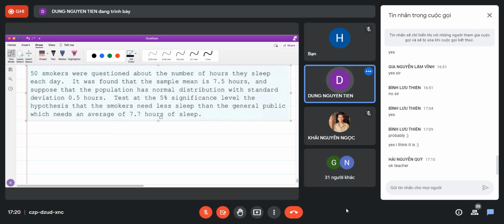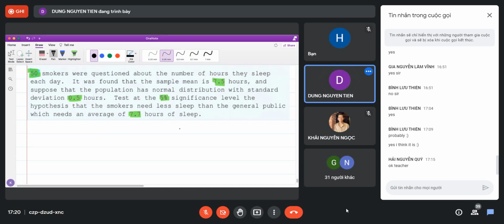Test at the 5% significance level the hypothesis that the smokers need less sleep than the general public, which needs an average of 7.7 hours of sleep. In this case, there are a few numbers you need to know: 50, 7.5 hours, 0.5 hours, 5%, and 7.7.